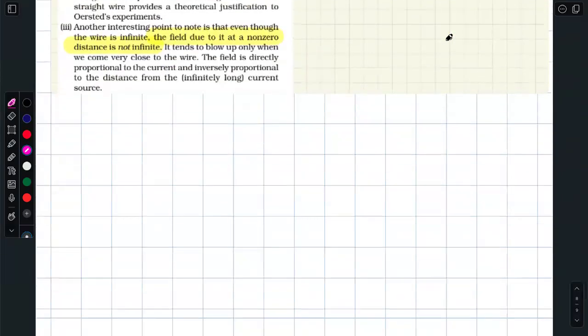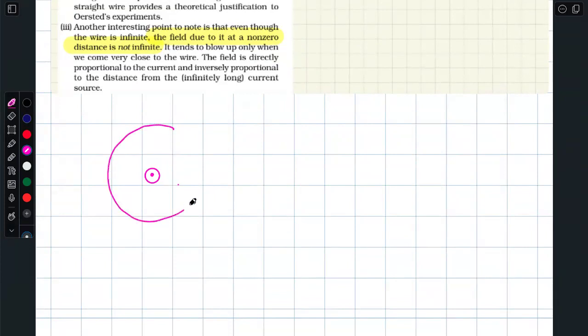Now, for example, you take a long straight current carrying conductor. You see this is outward, you are seeing it. The conductor is a long wire, and current is passing towards you.